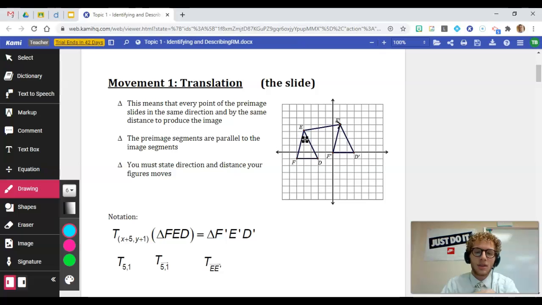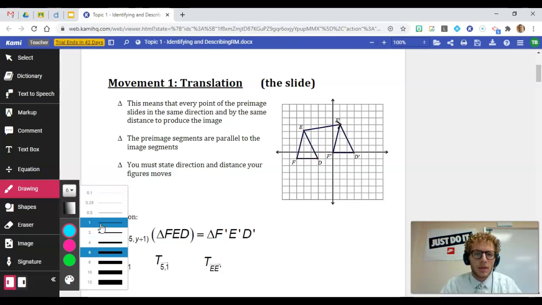You're taking the regular points that are the vertices, F, E, D here, and translating this point to become this point, translating this point to become this point, but you're also translating every single point along this line that same translation, which, as we can see here, is right 5, up 1. But we're going to get into that notation shortly.